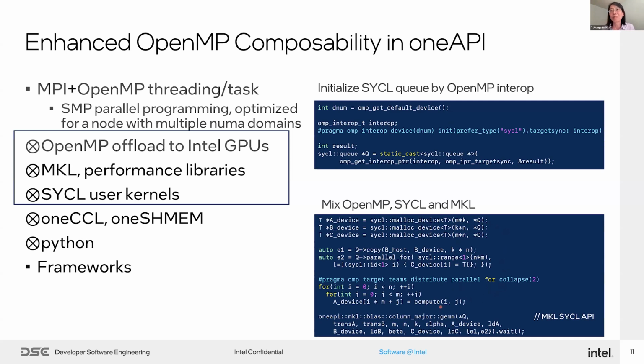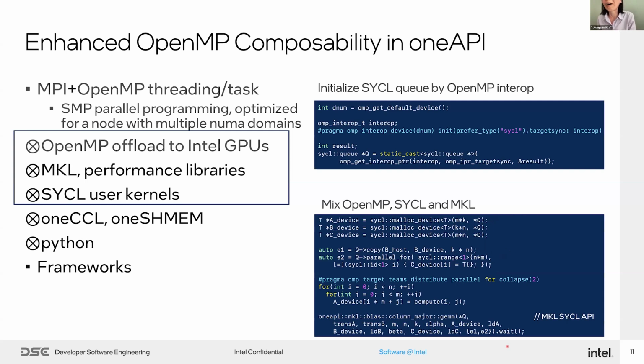Then we do the OpenMP kernels or the computation, and we complete with the DGEMM. So this is a very cute toy example, but you get the drift of how you are going to be able to use or compose SYCL with OpenMP and a performance library like MKL.